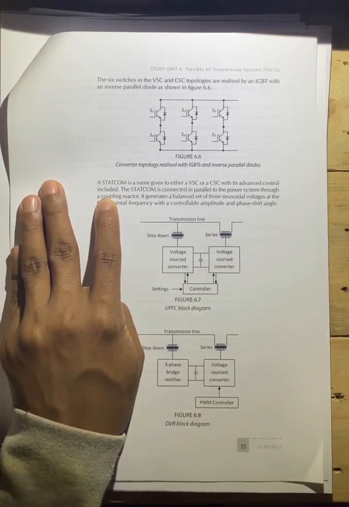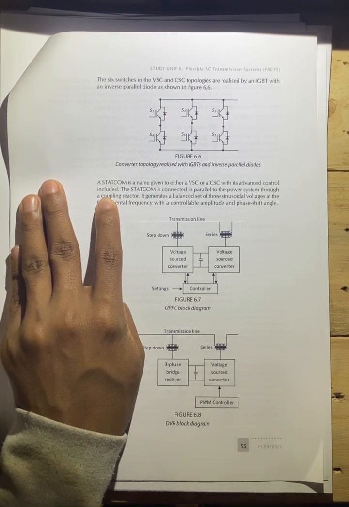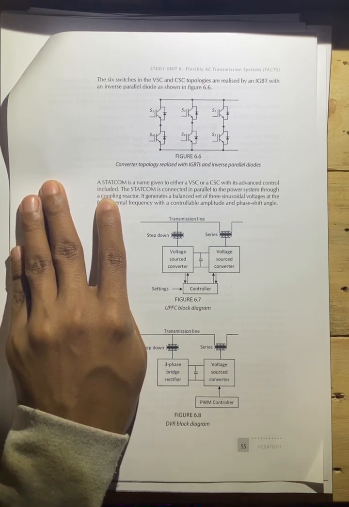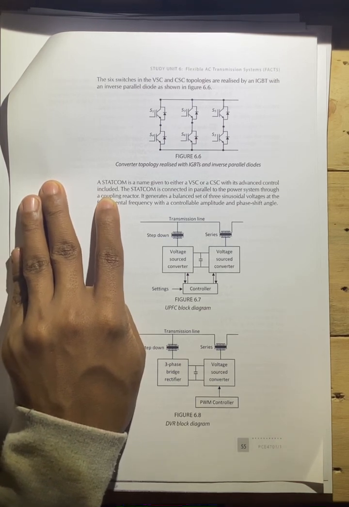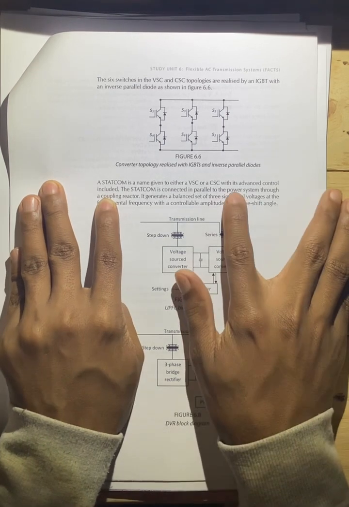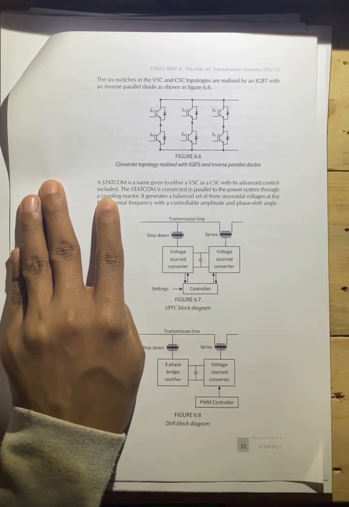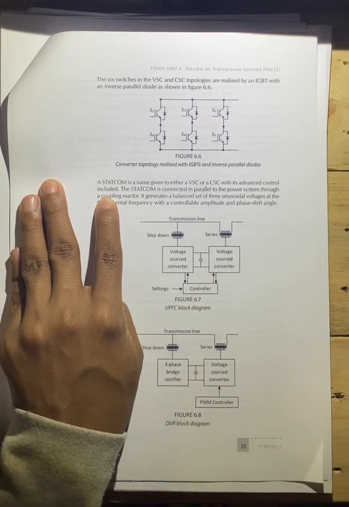So we are still talking about VSCs and CSCs. However, the difference comes into play with the advanced control systems, or advanced control capability, which is now included.